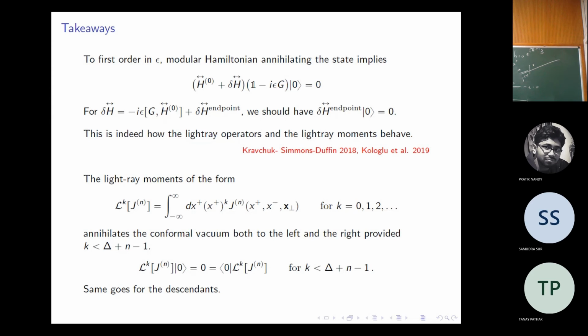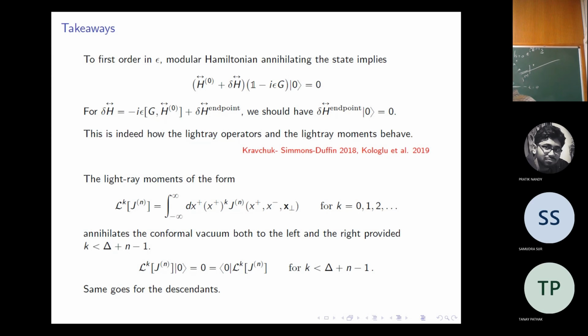There was a recent paper by Belin et al. which showed that those operators which are not present as endpoint contribution but could satisfy this condition are kind of bad operators, in the sense that they don't satisfy a good algebraic property. I find this very interesting.